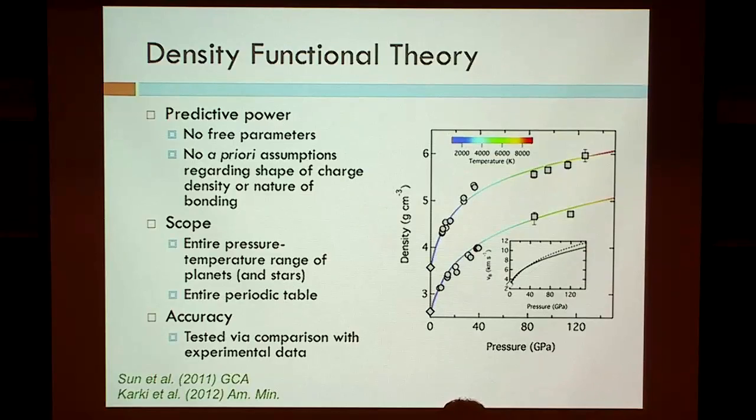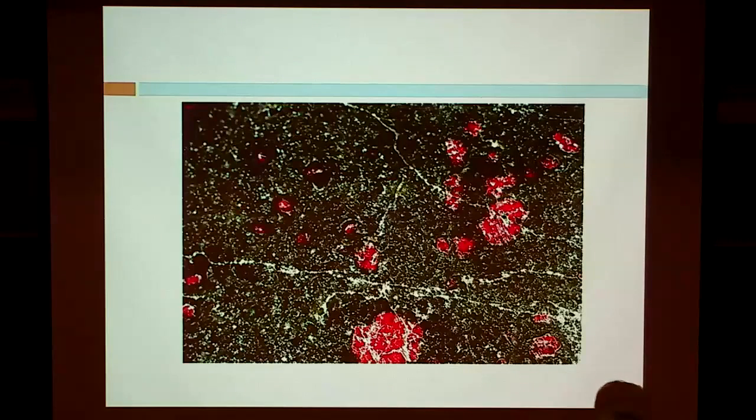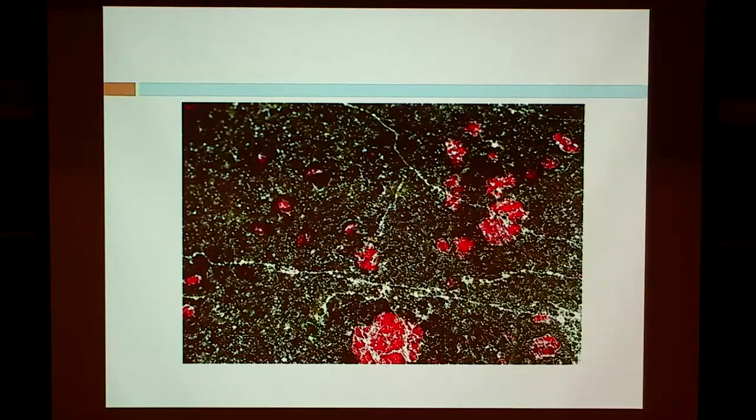So, okay, let's back up a little bit, and let's think about our planetary sample again, and think about the task that we have. Planets, of course, are not simple. They're not single materials. They're not a quartz crystal or even a silicate melt of a well-defined composition. They're messier than that. Planets generally have multiple phases in them. Which phases exist differs depending on where in the planet you look.